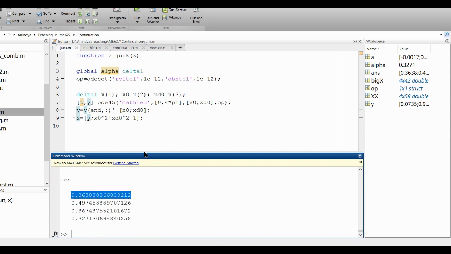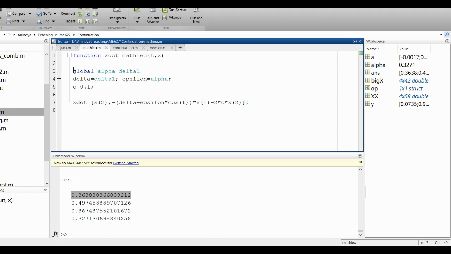So let me go to my Mathieu equation, get rid of the comment.